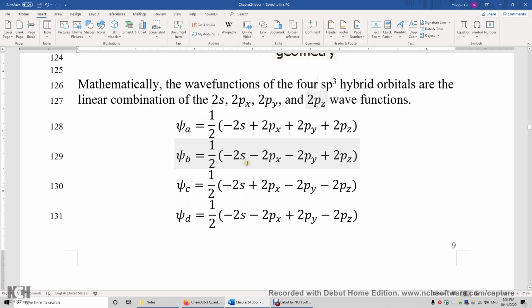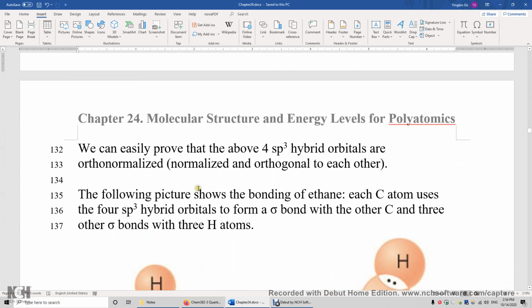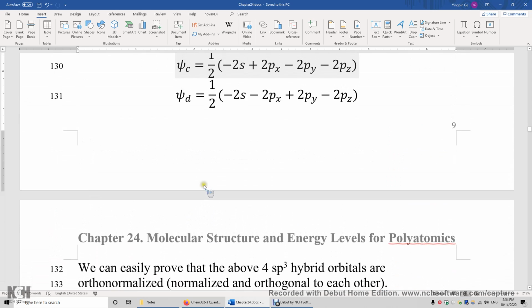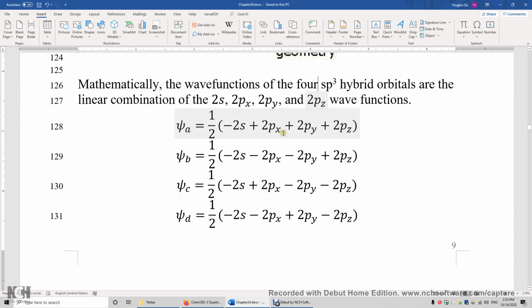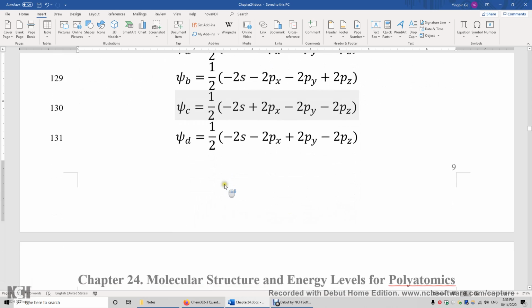So they look almost exactly the same, except for the signs. We can easily prove these 4 hybrid orbitals are normalized and orthogonal to each other.